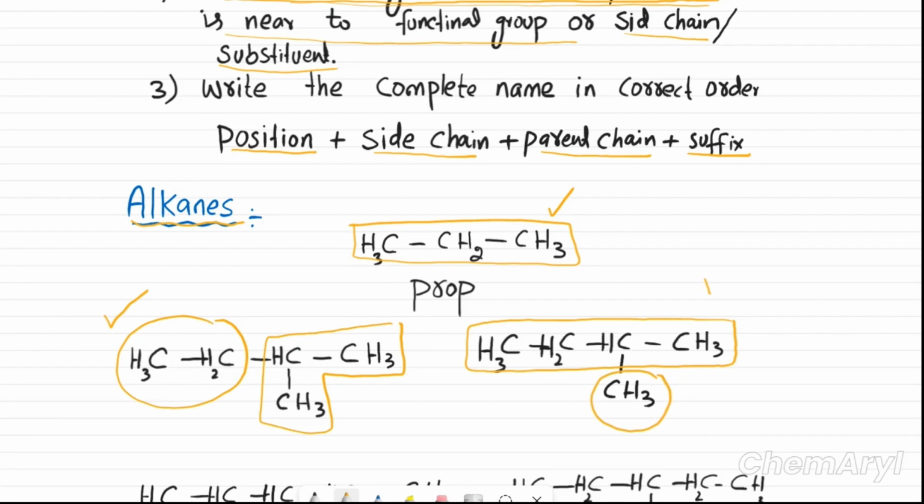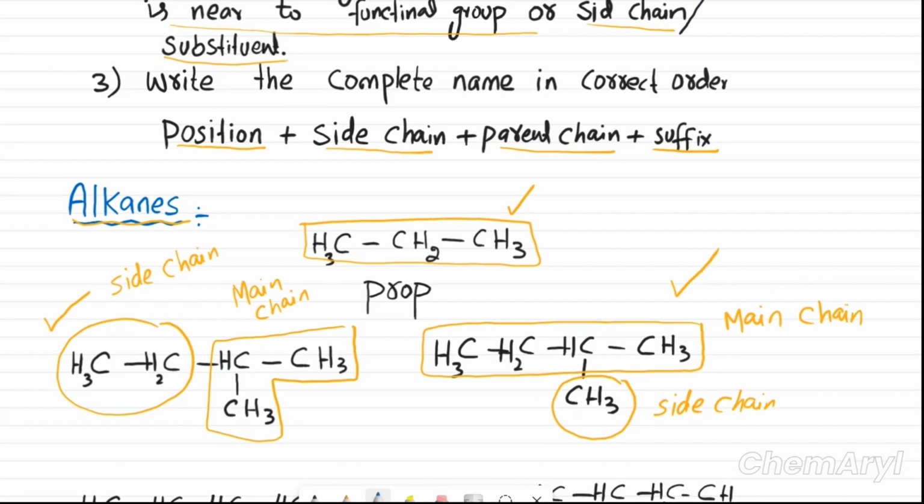Okay, this one is the correct identification. Next, dear student, start numbering from the end which is near to the side chain. If I number from this end: 1, 2, 3 and 4. If I start numbering from this end: 1, 2, 3 and 4. Dear student, tell me which one is the nearer end. Okay, the below one is the nearer end.